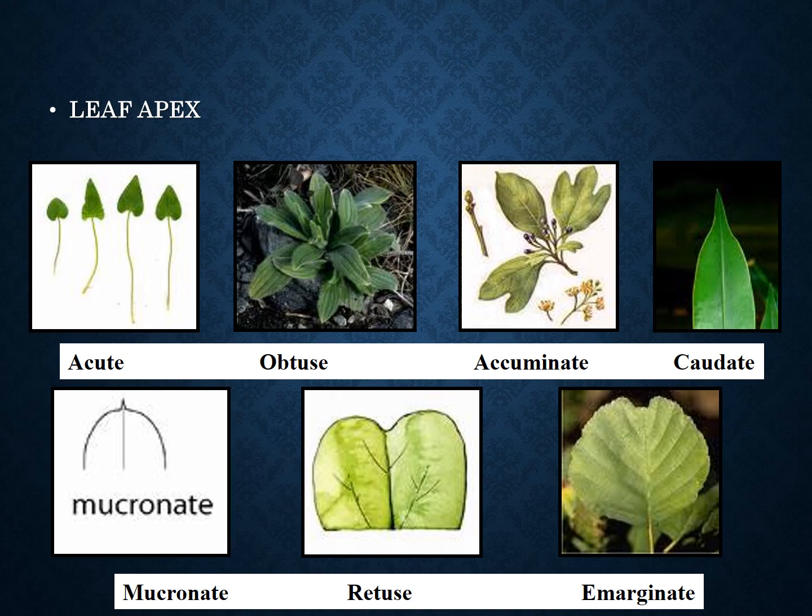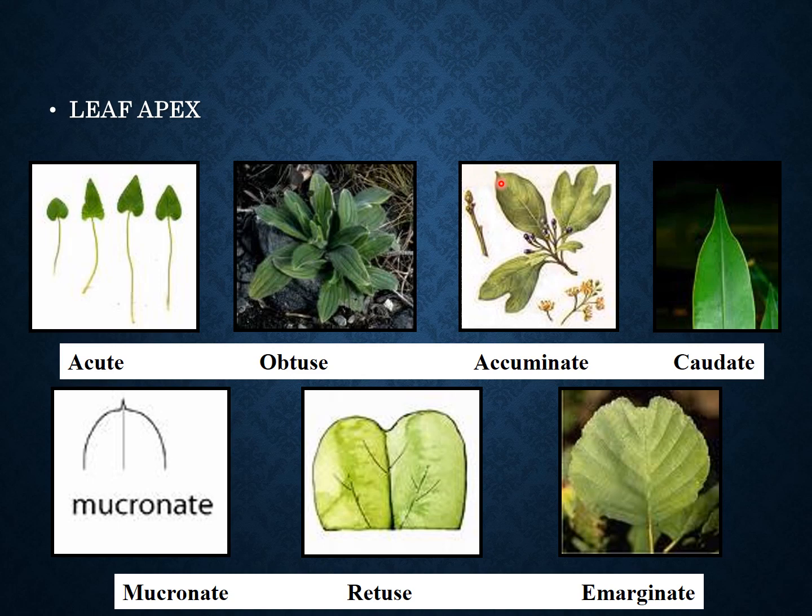Also, you can observe the variation among leaf apex in the angiospermous plants. The first type of leaf apex is acute shape. When the apex is forming an acute angle it is called the acute apex, and when a rounded apex is present it is called obtuse.